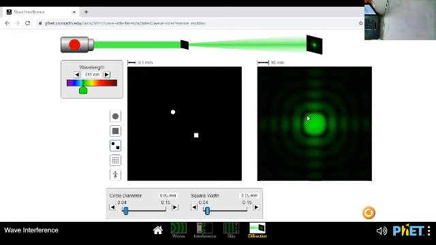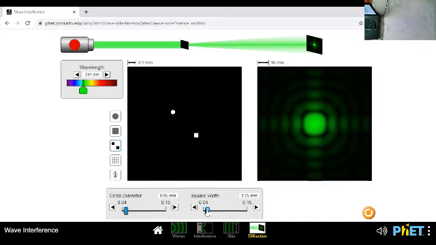But the diffraction pattern is the combination of the circle and square. The light coming from the circle and the light coming from the square both coincide at one single point.